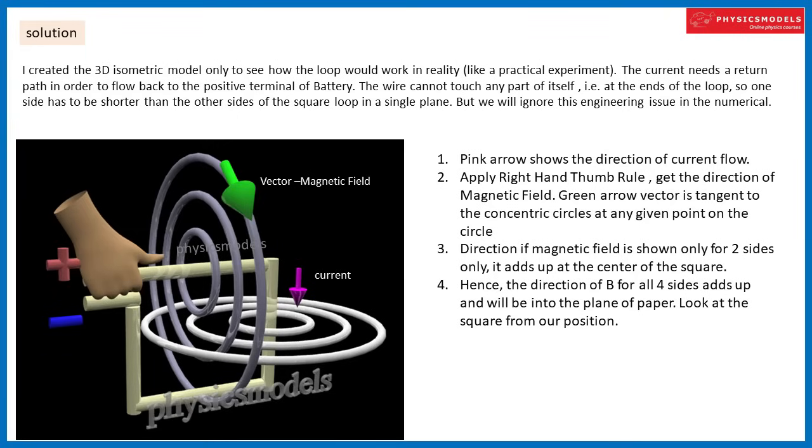So if you take a plane of paper, we can say that the magnetic fields of all the 4 segments of the wire are pointing into the plane of the paper. In other words, the magnetic field vector, that green arrow, from each of those 4 segments of the wires will add up, and it will be 4 times the magnetic field of each wire, which will be passing through the center of that square loop.